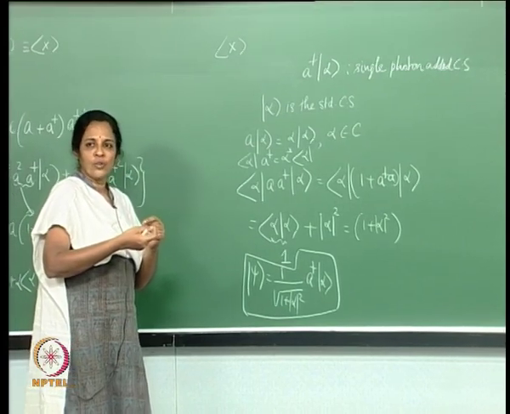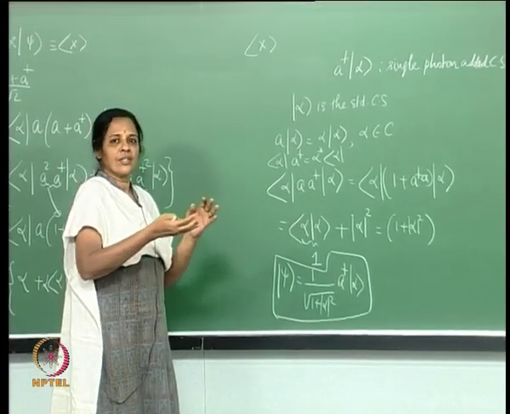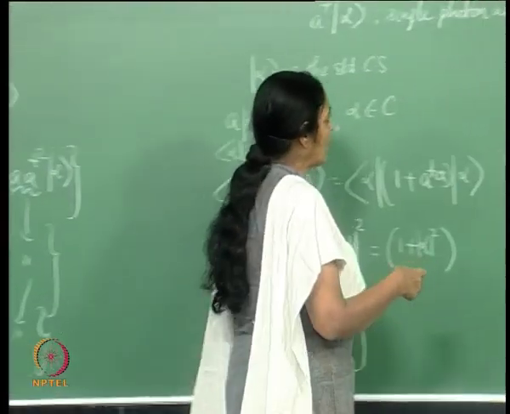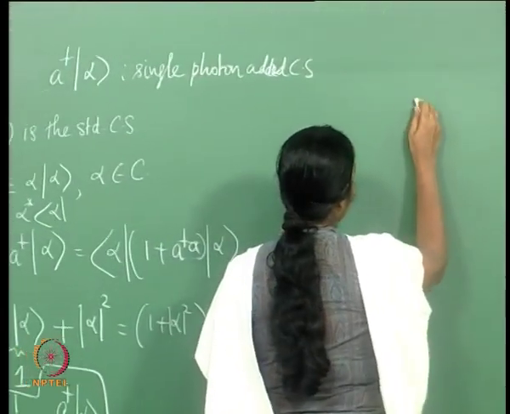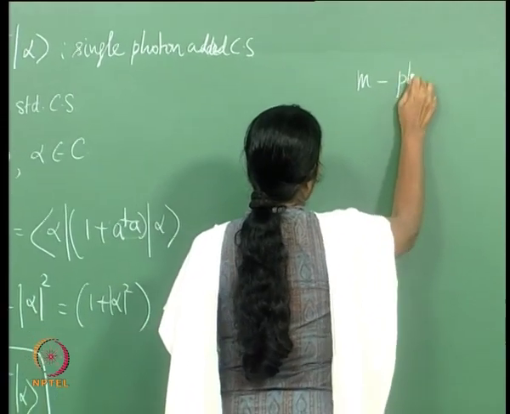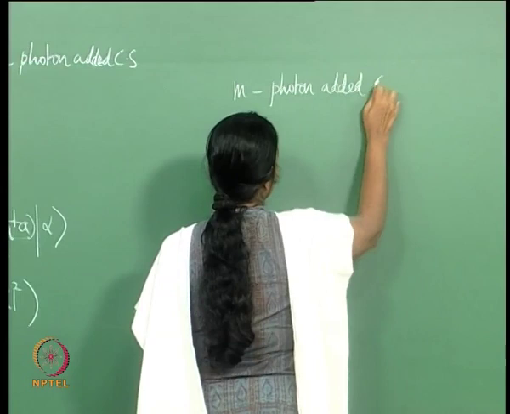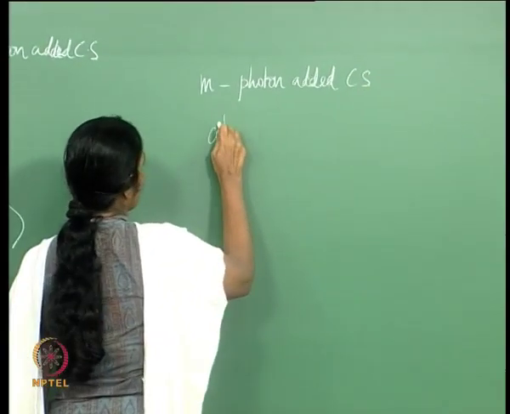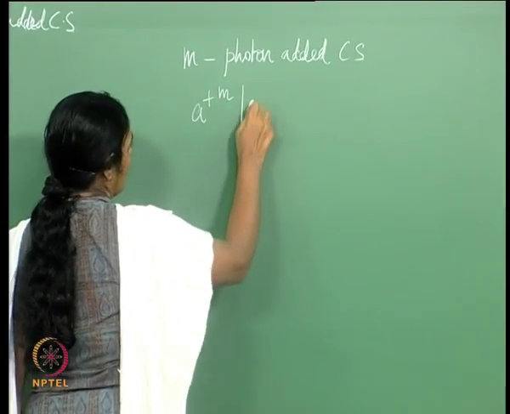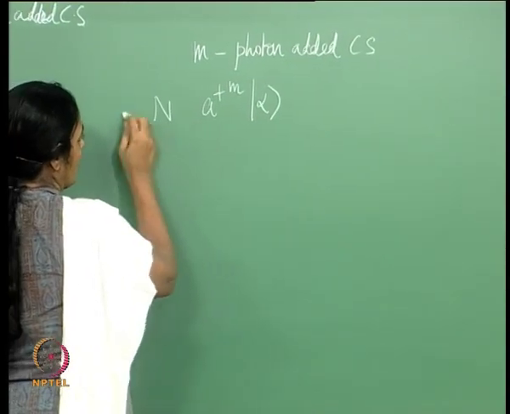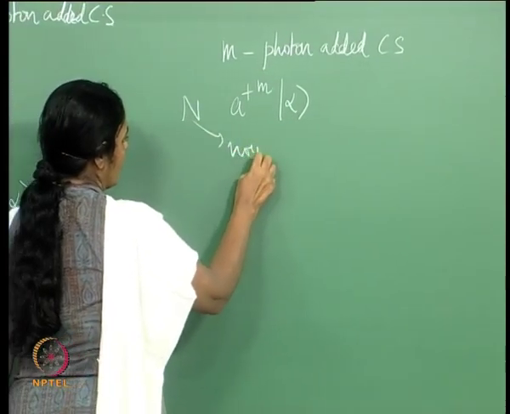We added 1 photon to the coherent state, and to that extent created a departure from the coherent state. Now, I could have in general created an M photon added coherent state in principle, and that is got by repeated application of A dagger M times on ket alpha, suitably normalized. This is the normalization constant.